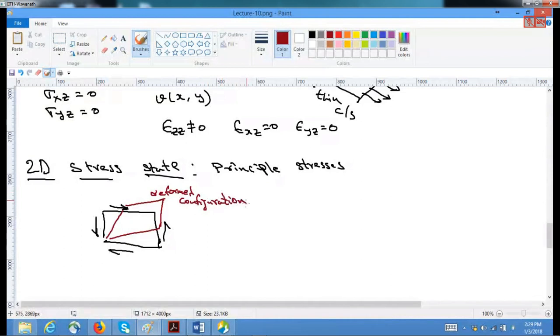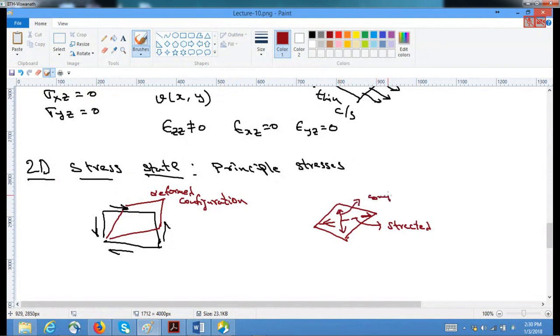Now, what I want to convince you is, if it is subjected to pure shear, then if you are looking, I will again redraw the side. So you see that in one direction, this principal direction, it is being stretched, whereas this direction is being compressed.